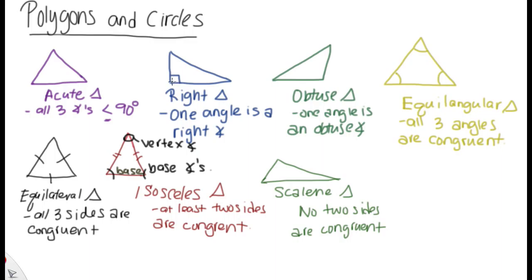So here's the right angle. The side opposite is here. And this would be called hypotenuse. The two other sides, the shorter sides, are called the legs of the triangle. This is the leg, and here's a leg.